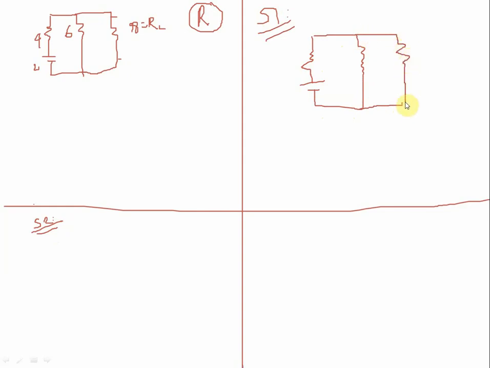Substitute the values: 2, 4, 6, 8. This is the load resistance. At the load resistance point I keep an ammeter, and find this ammeter current.